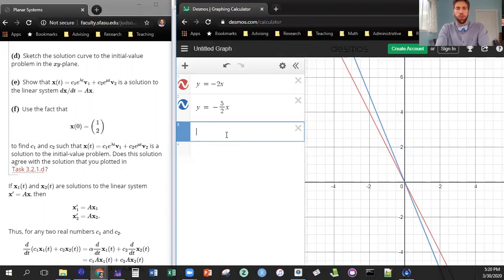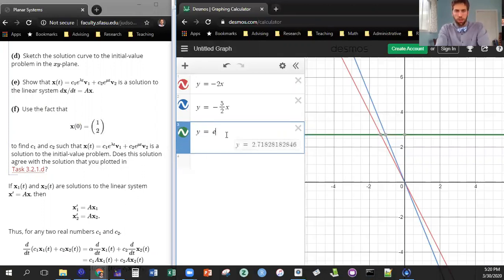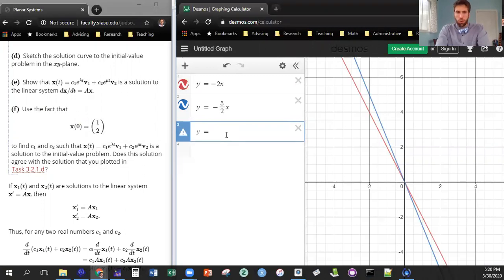So let's do y equals 21 times e to the 3t. We're graphing with respect to x. Let's do 3x times the vector.